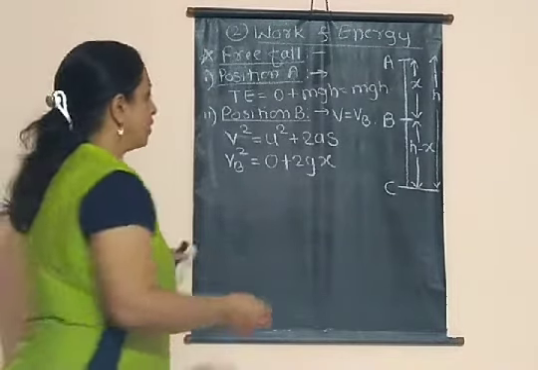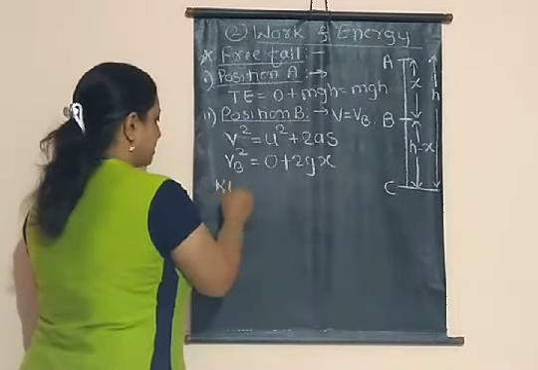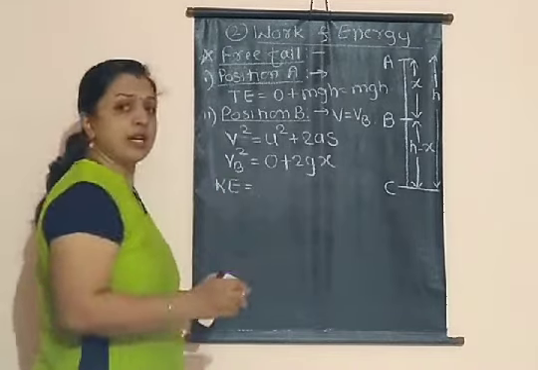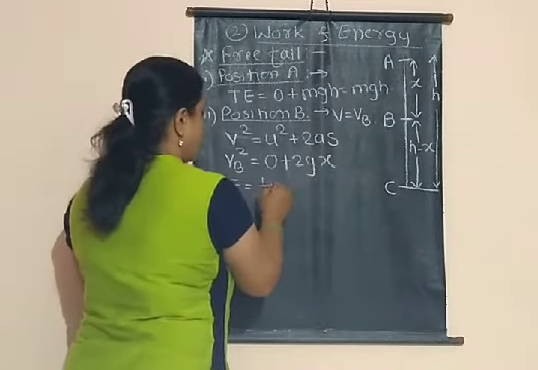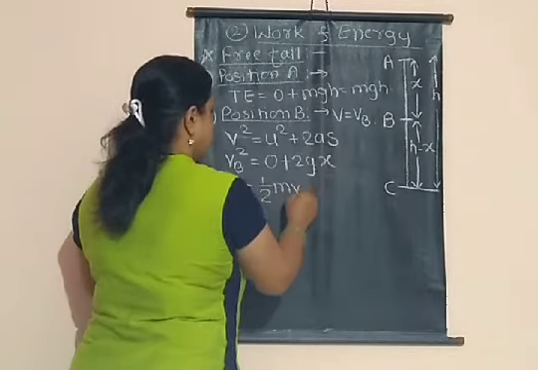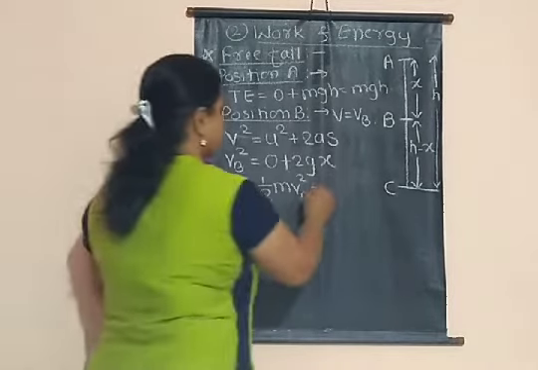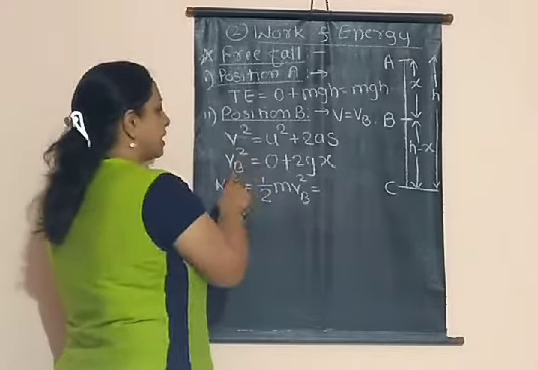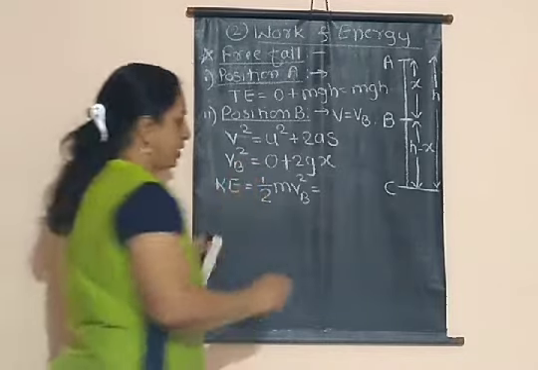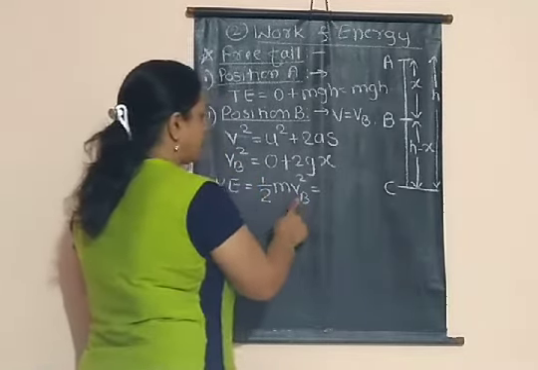Now let us find out the kinetic energy. Kinetic energy is equal to half m Vb square, because the velocity we consider is Vb at position B. Now substitute the value of Vb square here.